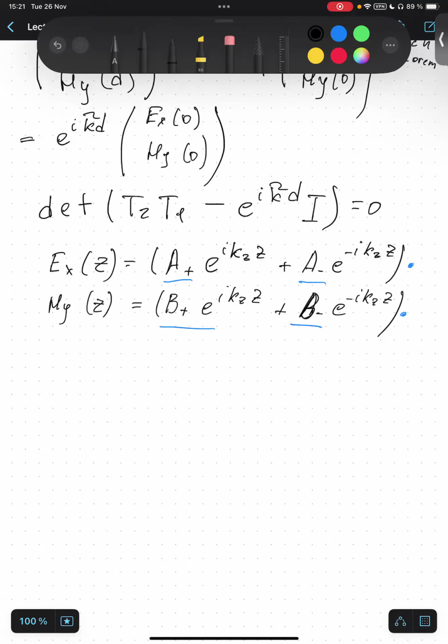In order to do it, we also remember the Maxwell equations.